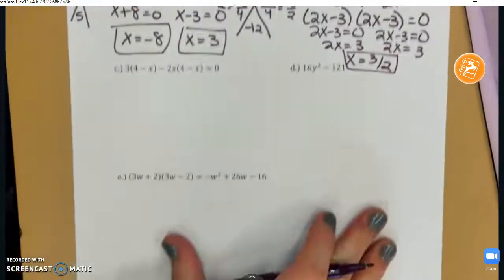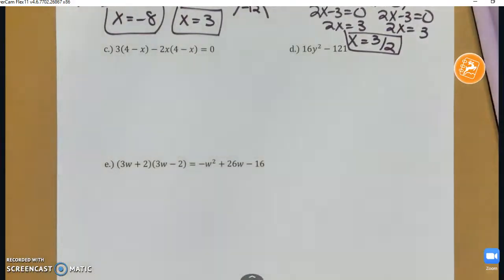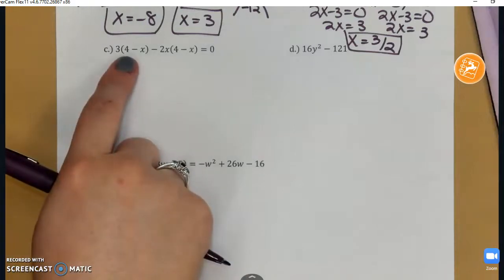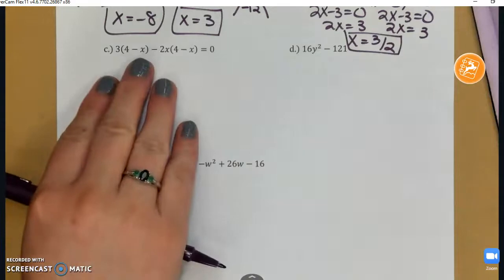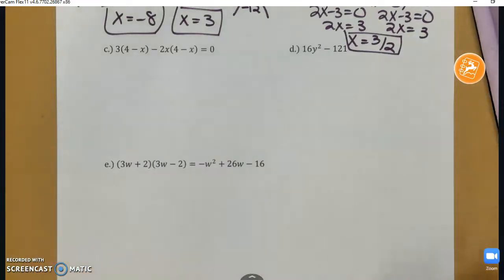Okay, on to C. Now, your first instinct on a problem like this might be to distribute and then start combining like terms, but what this actually is, is what we've seen before in factoring by grouping.